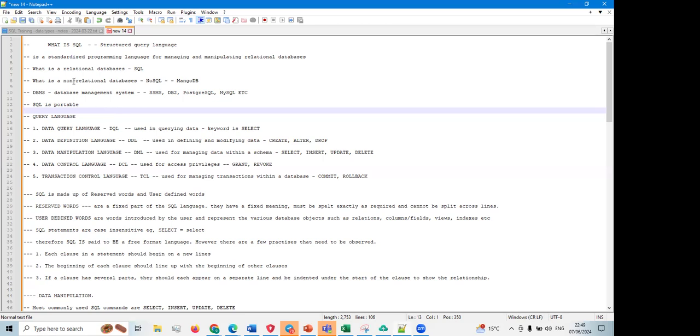So when you have a database, which is separate from the management system, you need a management system to effectively and efficiently manage your database. So all these here, SQL Server Management Studio, DB2, PostgreSQL, MySQL, they are all management systems.